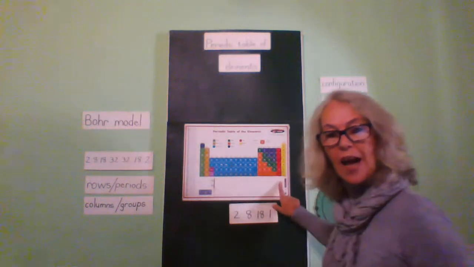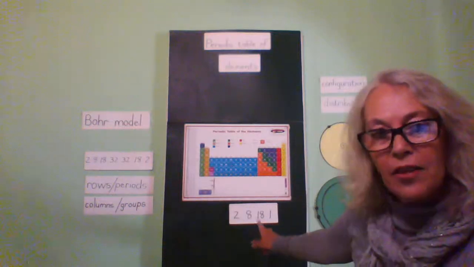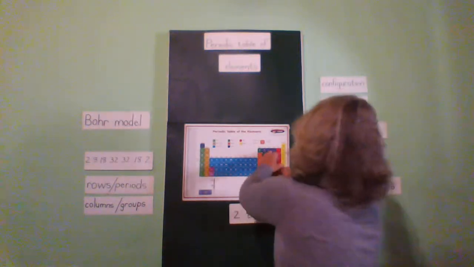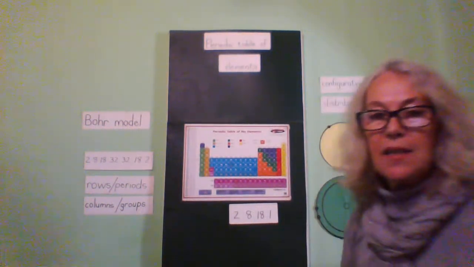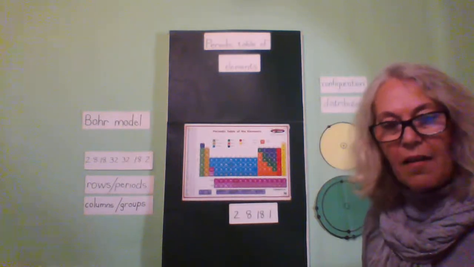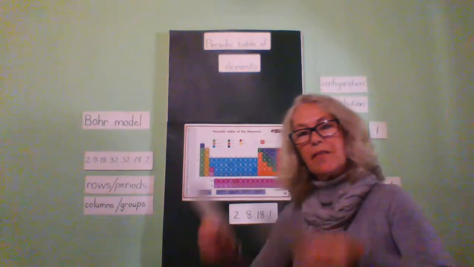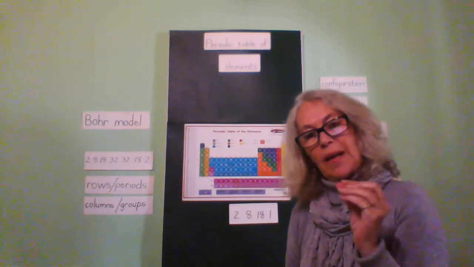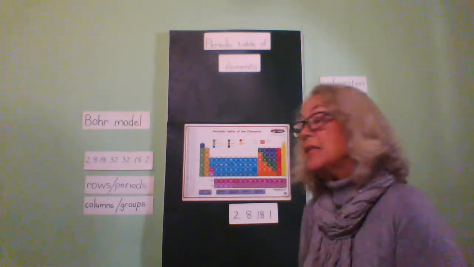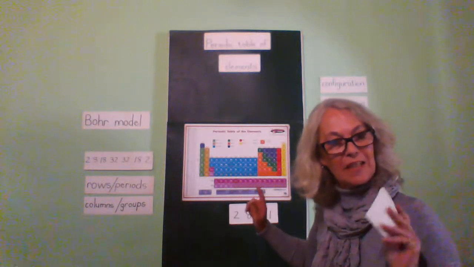Right, now I'm going to reveal these 2 rows at the bottom. Let's have a look. Maybe you can spot that they are in different colors, which makes it easier for us to place them. Now remember I said that Dmitri Mendeleev used little cards, because that's the only way he could explain where these elements at the bottom fit in.